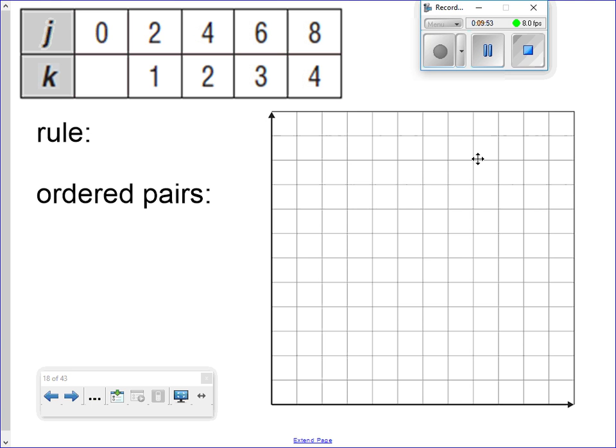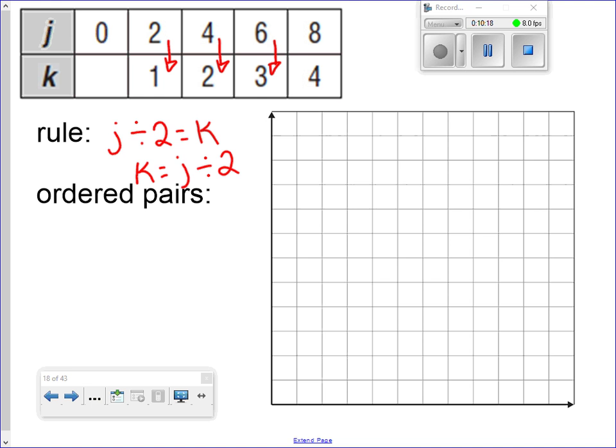If you look from J to K, what is happening to J's to become K's? And I'm noticing that all of my j's divided by 2 equal my k's. So the rule would probably be written as k equals j divided by 2.